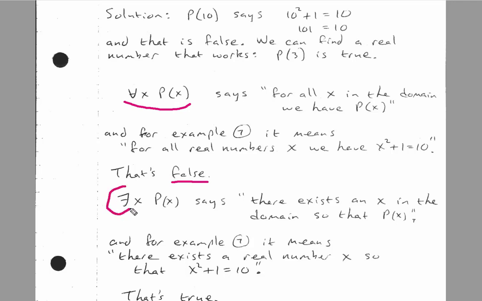The other main quantifier is the existential quantifier. It's a backwards E, and the way to read this is: there exists an x in the domain so that P of x.